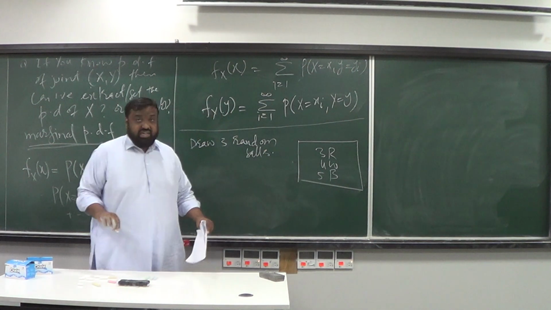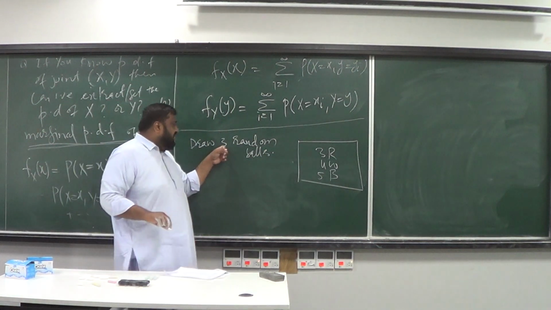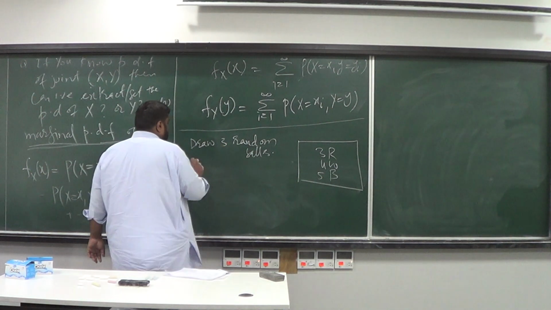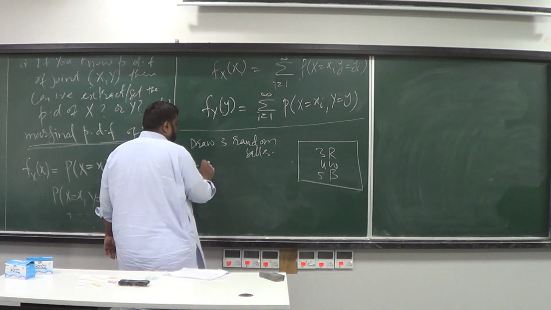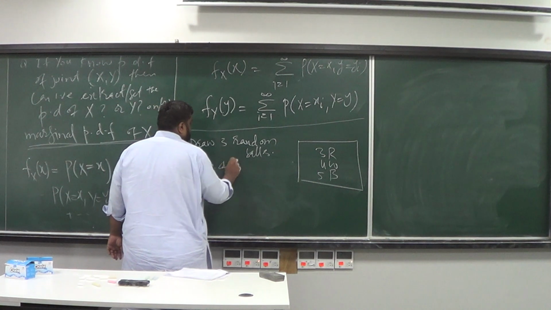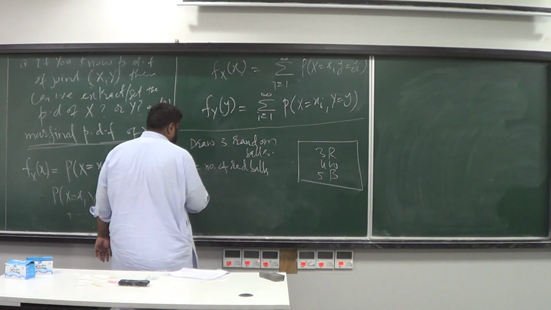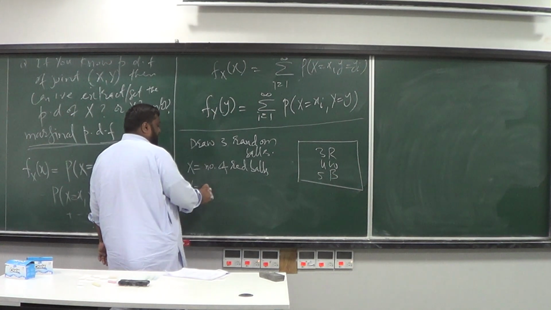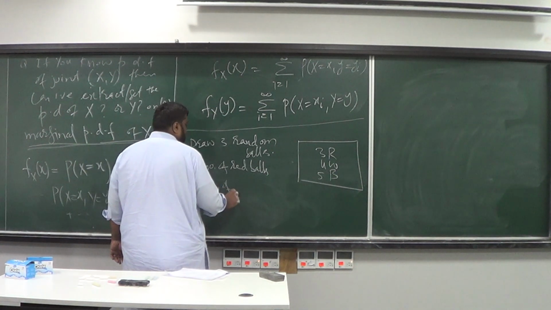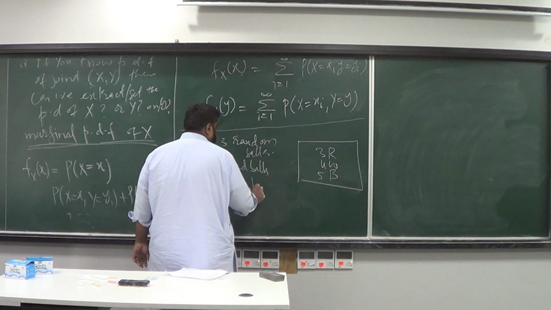Okay, in these 3 drawn random balls, imagine X represents the number of red balls and Y represents the number of, say, white balls.